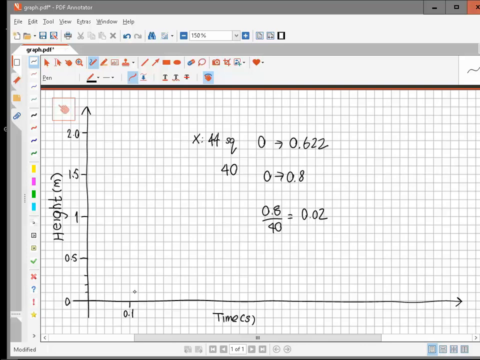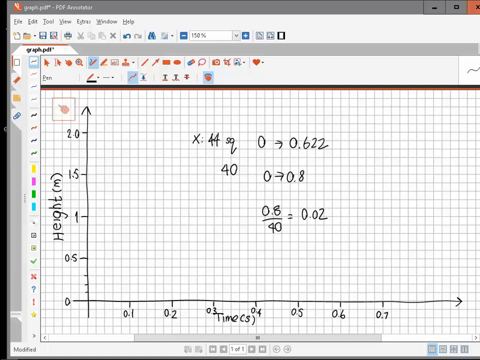So let me finish doing that. 1, 2, 3, 4, 5. That is 0.2. 1, 2, 3, 4, 5. This is 0.3. 1, 2, 3, 4, 5. 0.4. 1, 2, 3, 4, 5. 0.5. 1, 2, 3, 4, 5. 0.6. 1, 2, 3, 4, 5, and 0.7.